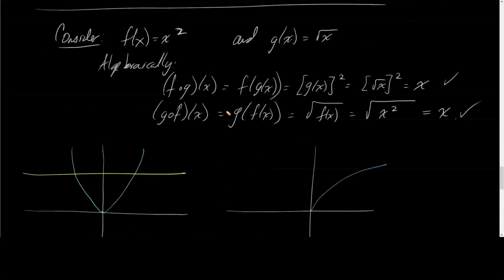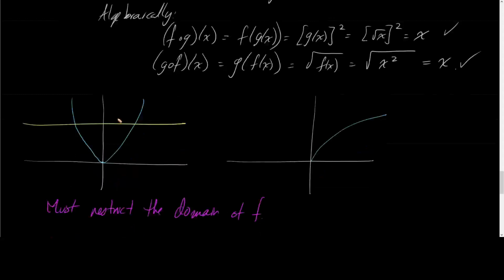Technically speaking, x squared and square root of x are not inverses of each other because x squared has this domain over here that allows for all these negative values. But the thing is, with inverse functions, the domain and the range must be the same. In here, the domain of this function includes negative values, but the range of this one doesn't include any negative values.